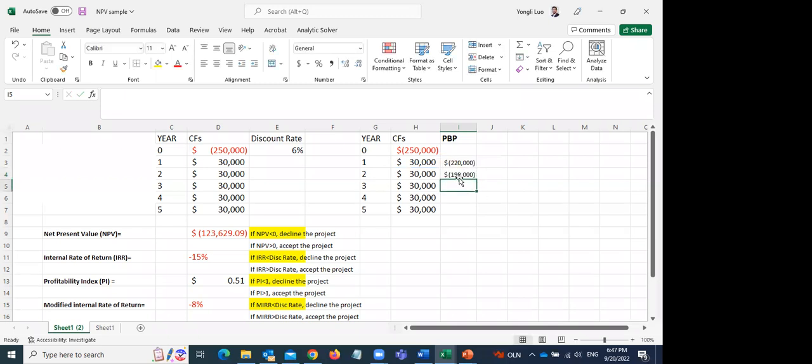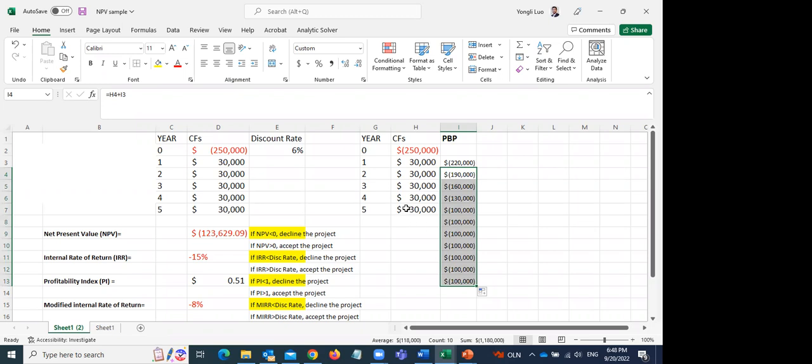Negative 190. After that, you don't need to do that calculation anymore. You just scroll all the way down. You move your cursor to the bottom right corner until it becomes a cross, and you drag all the way down.